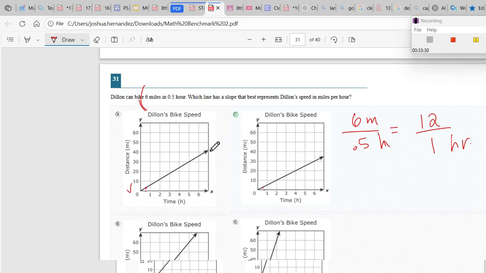Half hour, 6, half hour, 6. They all look pretty good. Half hour, okay, this is definitely wrong. So I'm going to change it to here. 12 miles at 1 hour checks out. So I think my answer is B.